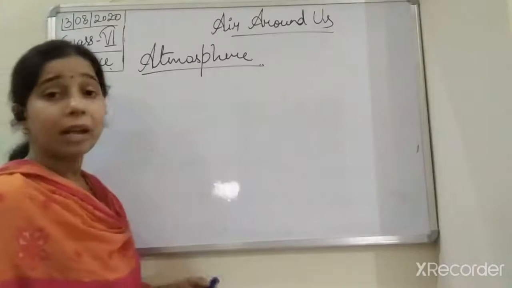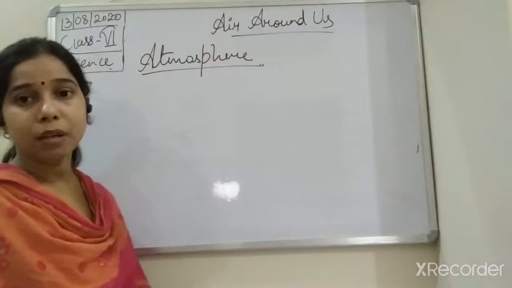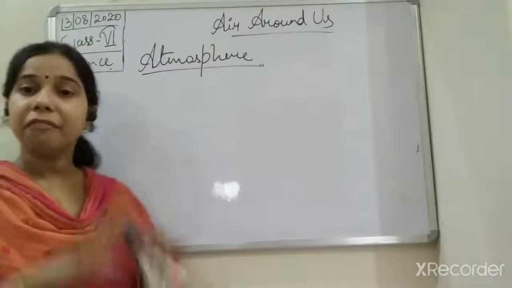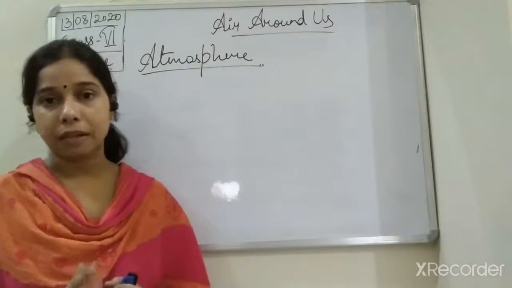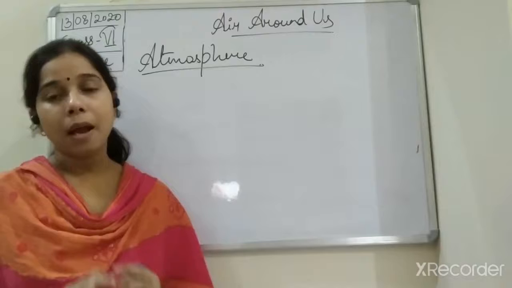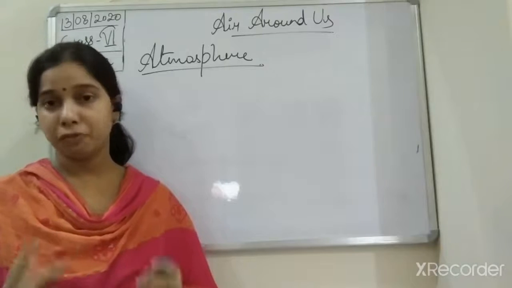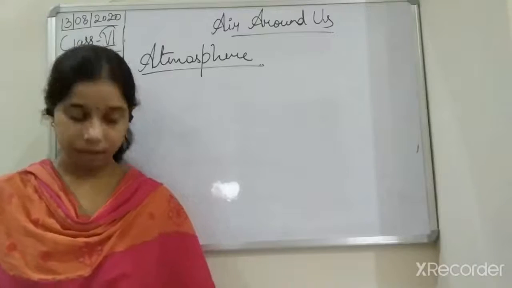Now if we talk about the atmosphere students, what is the atmosphere? It is the envelope of the air which surrounds the earth. So the earth is covered by a kind of envelope, and that we call the atmosphere.